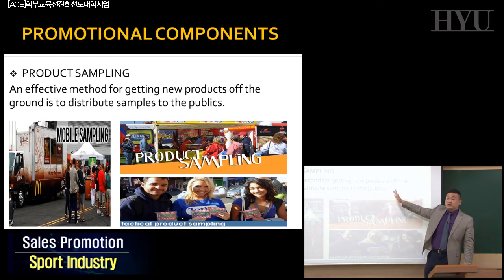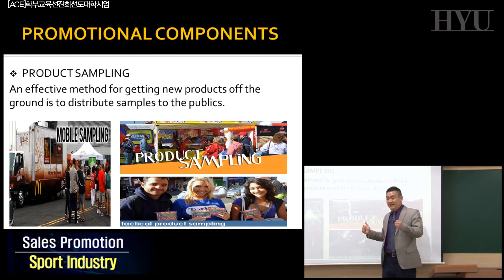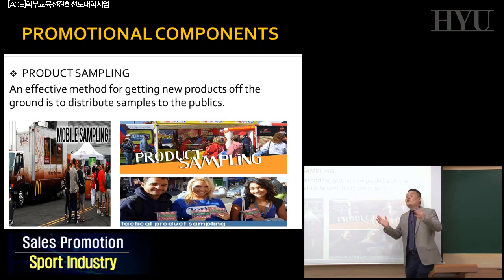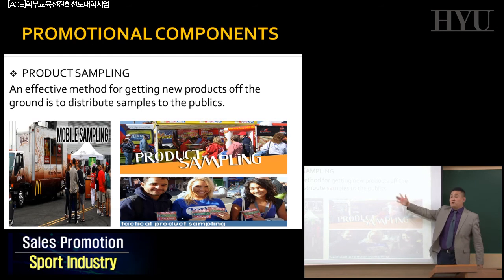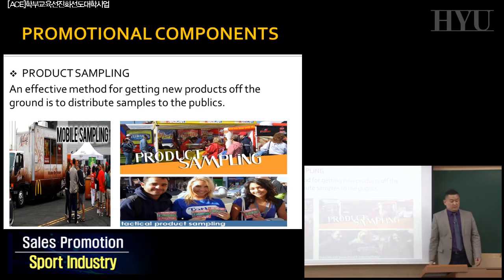Through product sampling. Product sampling means a company gives the free item to the public, to promote their new product, right? That's product sampling. That's a common method for sales promotional tools, at no cost to you. That's good.